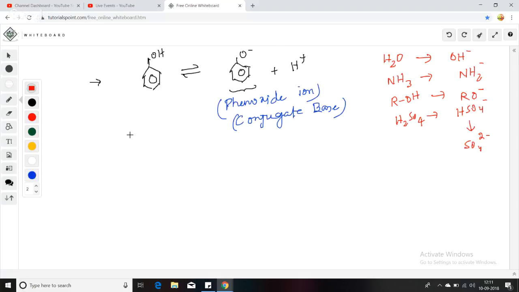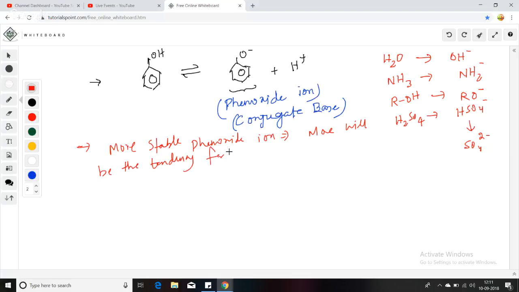So write down this particular thing first. More stable the phenoxide ion, more will be the tendency for this reaction to go in the forward direction, and more will be the acidity.